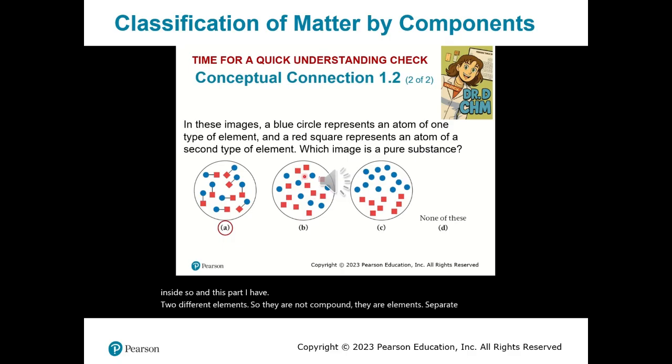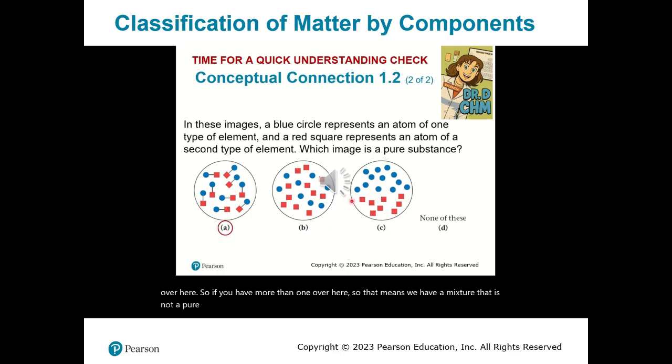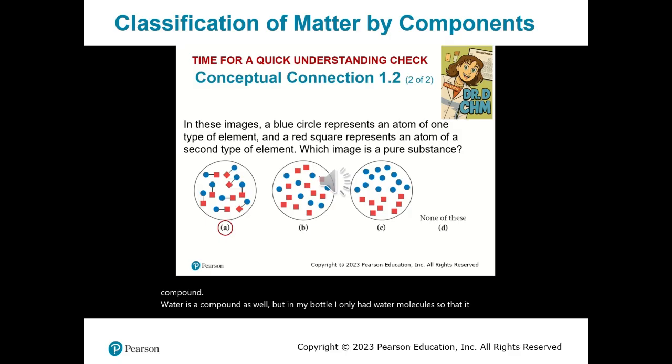If I have more than one kind over here, that means we have a mixture. That is not a pure substance because I have different elements. And they're going to say, oh, but here I have two different elements. It's like water. That is a compound. Water is a compound as well. But in my bottle, I only had water molecules, so that makes a pure substance.